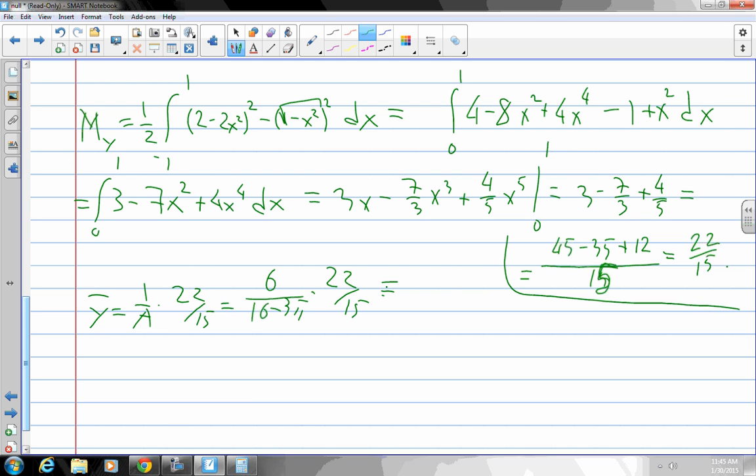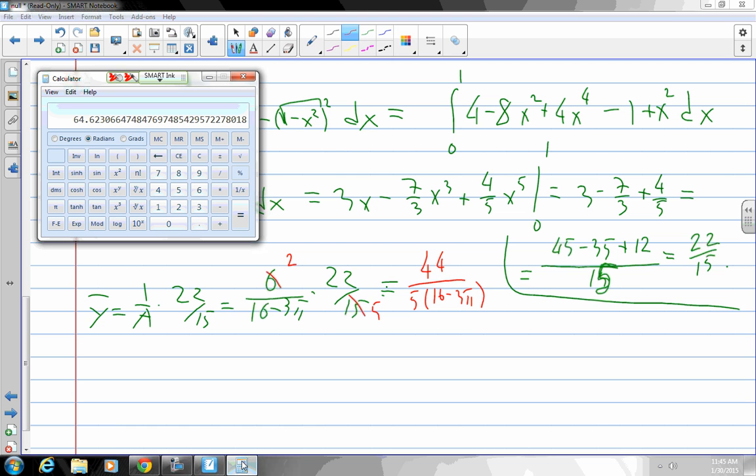What is this? I can reduce it a little bit, right? So by 3, that's a 5, and that's what, 2? So we get 44 over 5 times 16 minus 3 pi. All right. So that's 16 minus 3 times pi. That's my denominator times 5.